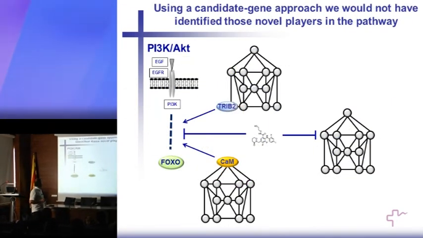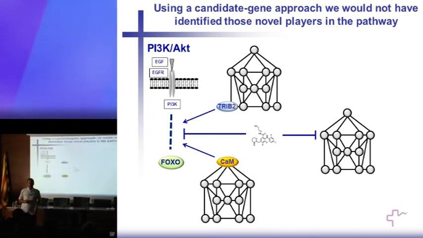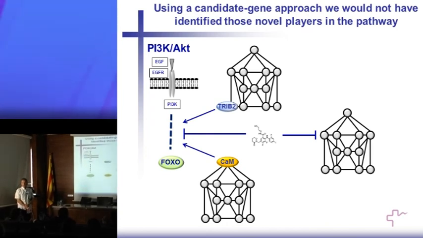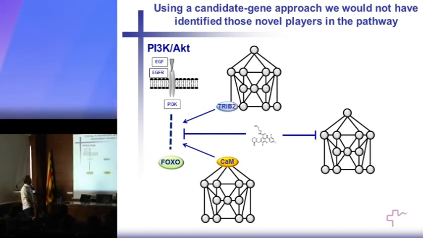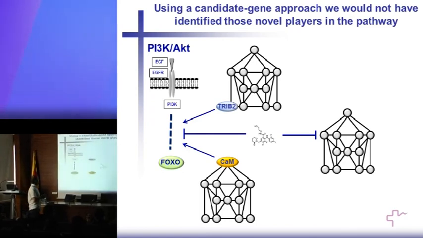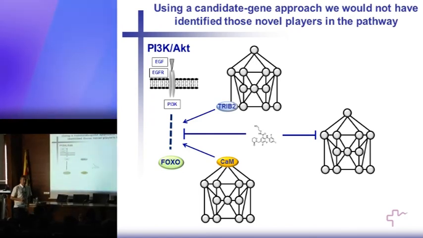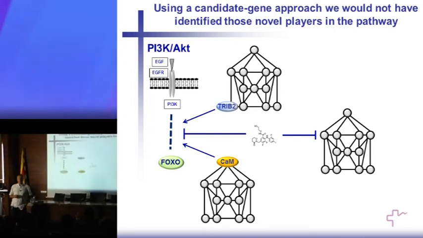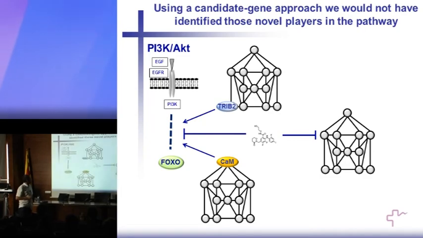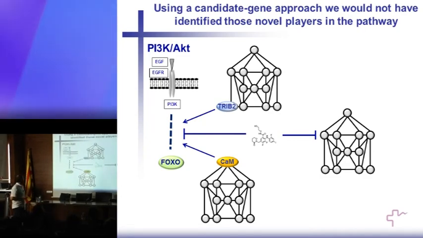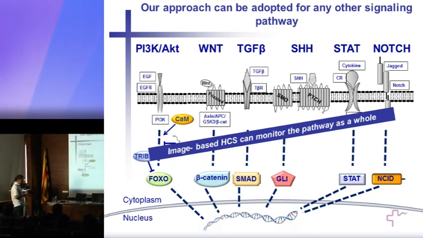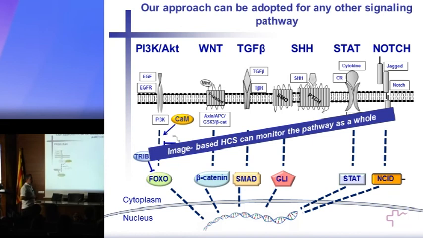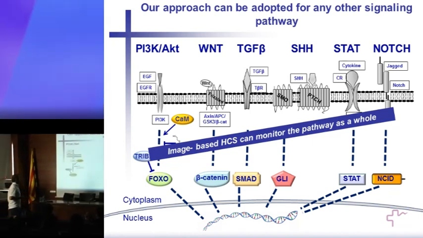If we had used a candidate gene approach instead of an unbiased pathway approach, we never would have been able to identify these players, because they have been associated previously with different signaling networks. So what we have achieved within the PI3 kinase AKT pathway can be adopted for any other signaling pathways.